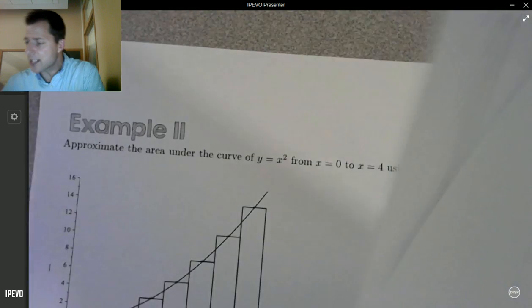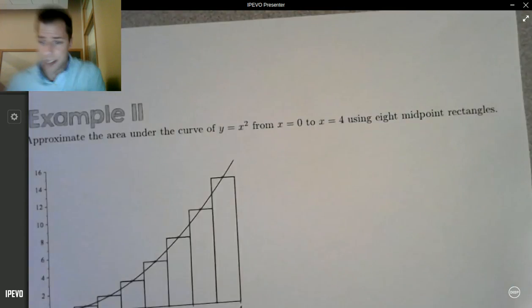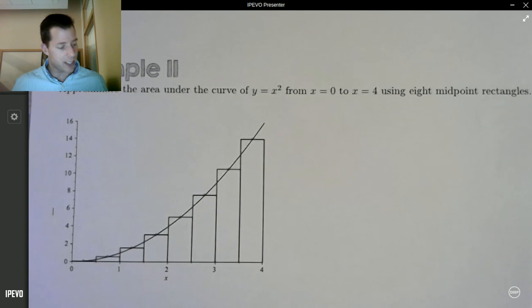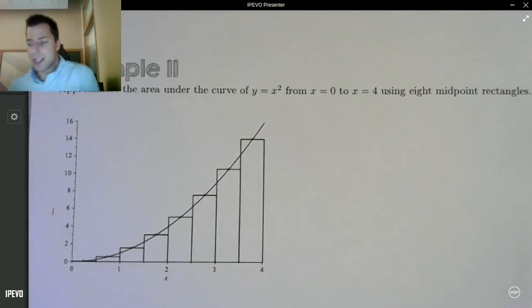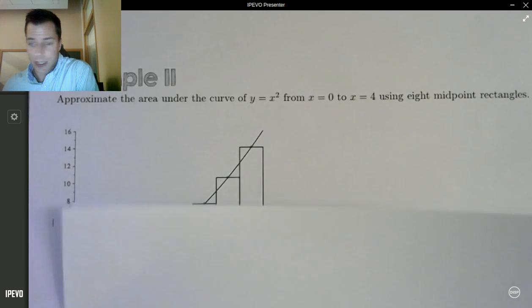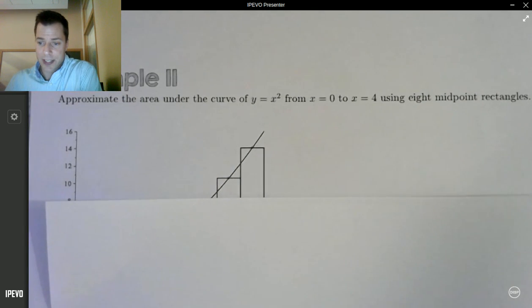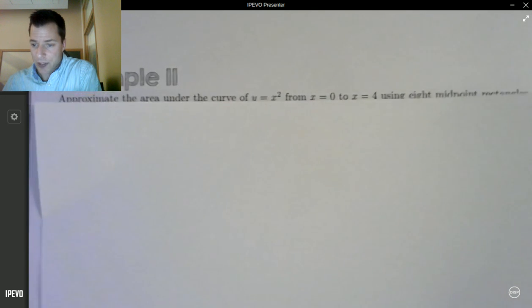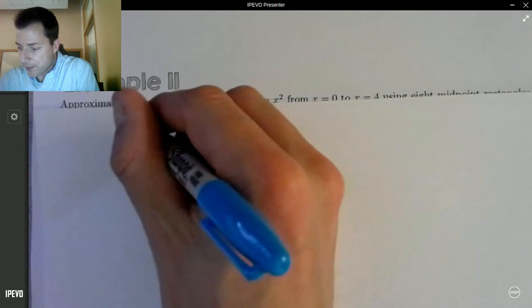My last example is, you guessed it, the same example with 8 rectangles. On an interval from 0 to 4 with 8 rectangles, our delta x is 1/2.